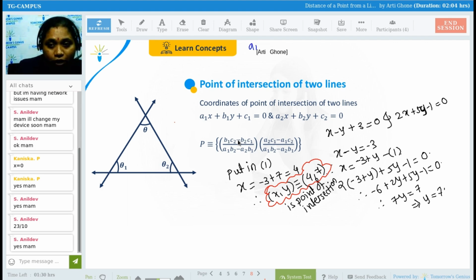If you know this formula in your JEE, that is a very happy thing for me. I'll be very happy that you are remembering this formula in your JEE exam. So take note of the values of A1, B1, C1, A2, B2, C2 and put them in this formula. Clear? You will get the same point of intersection. Both methods are clear.